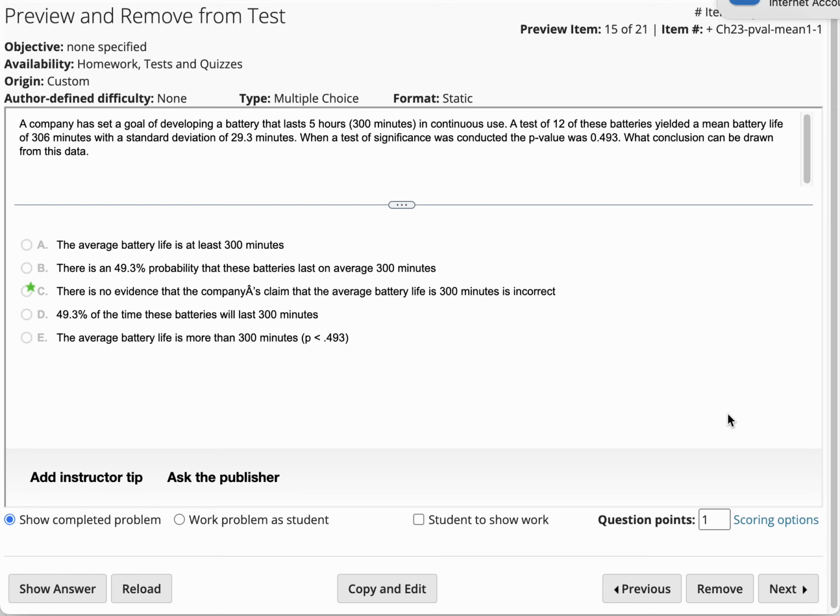Bad news, it's not less than 0.05, so there is no evidence that the claim of the battery life lasting 300 minutes is incorrect. We did not reject the null hypothesis, which says it lasts for 300 minutes.